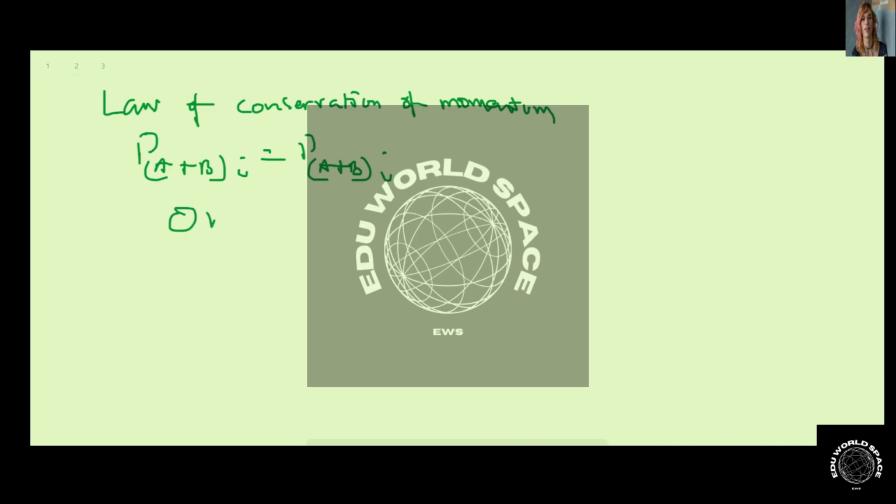And so this is 0 kilogram meters per second has to be equal to the final momentum of A plus the final momentum of B.